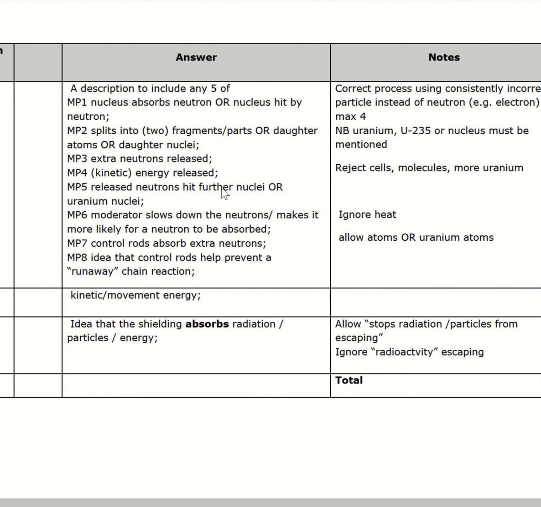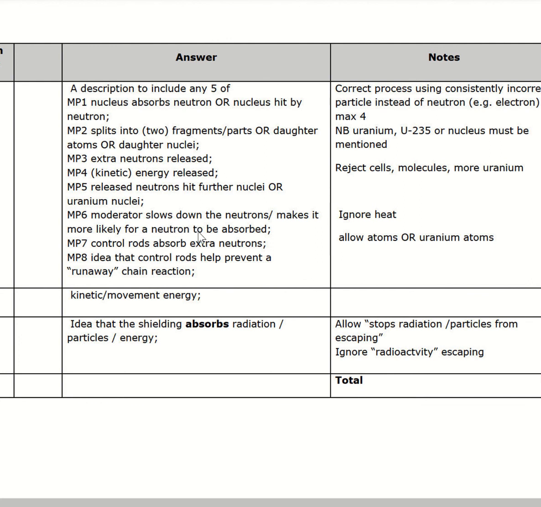Neutrons hit further nuclei. So those neutrons hit the other uranium nuclei, and moderator slows down the neutrons, makes it more likely for a neutron to be absorbed. So if it's too fast, it may not be absorbed by the nuclei, I believe. More likely for a neutron to be absorbed.